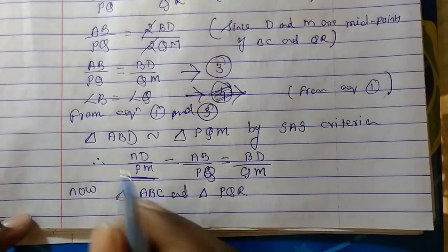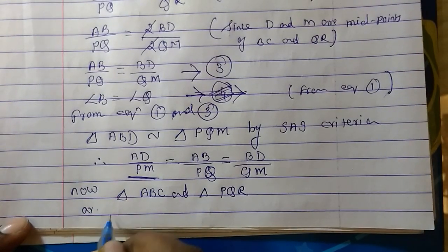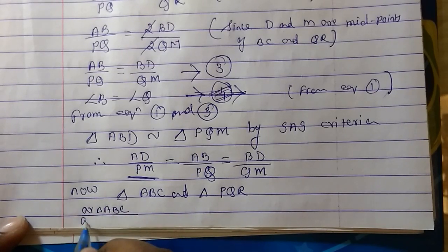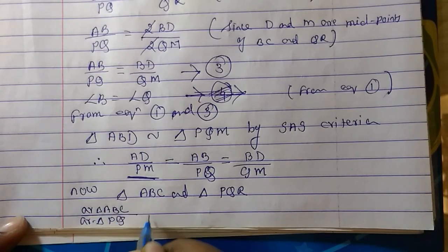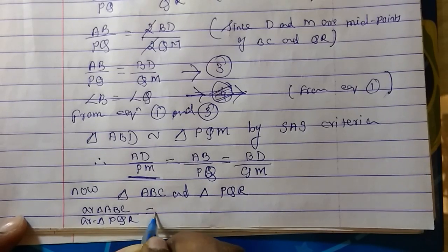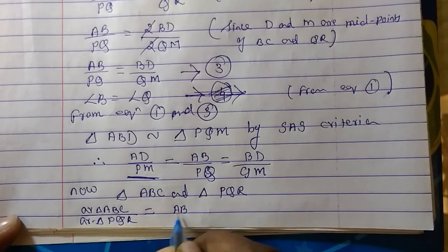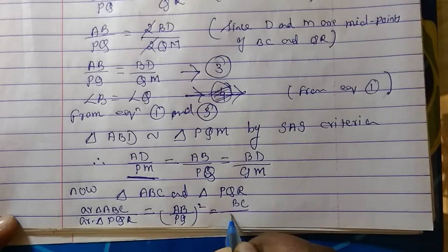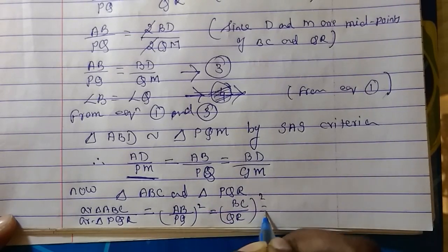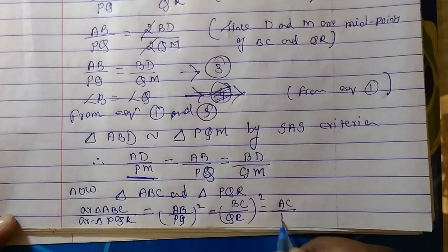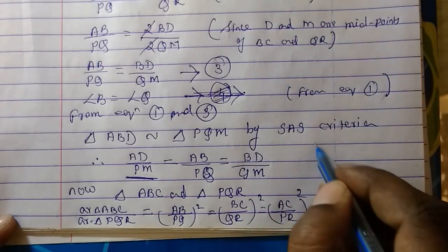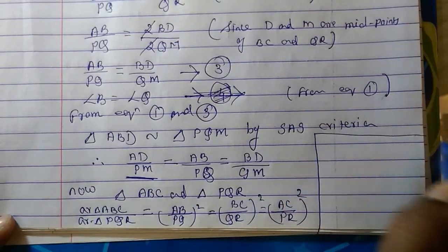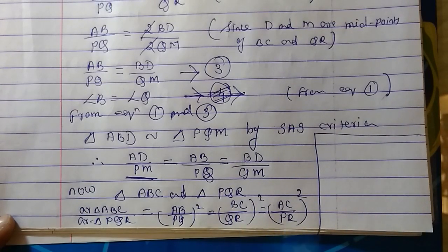So in both the triangles, we know that the area of triangle ABC upon the area of triangle PQR is equal to the squares of their corresponding sides, that is AB upon PQ square equal to BC upon QR square equal to AC upon PR square, according to theorem 6.6.